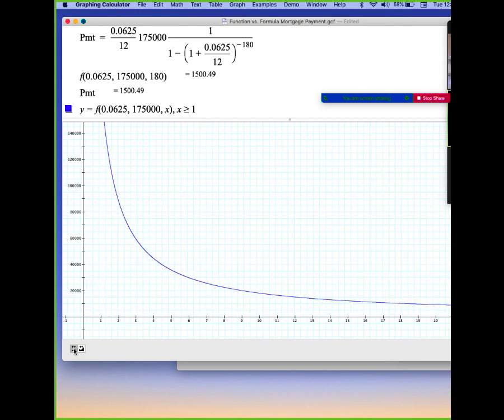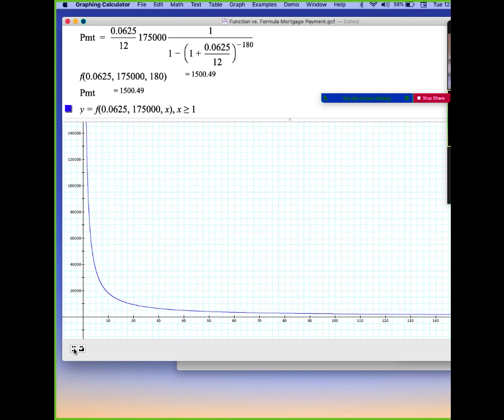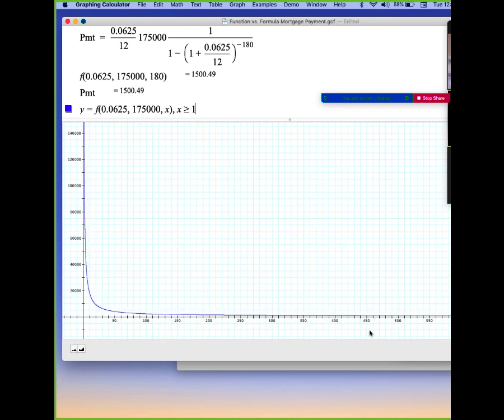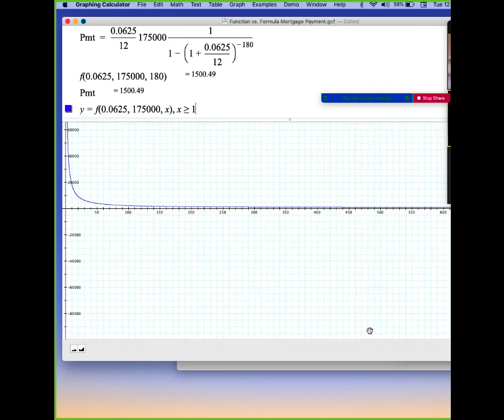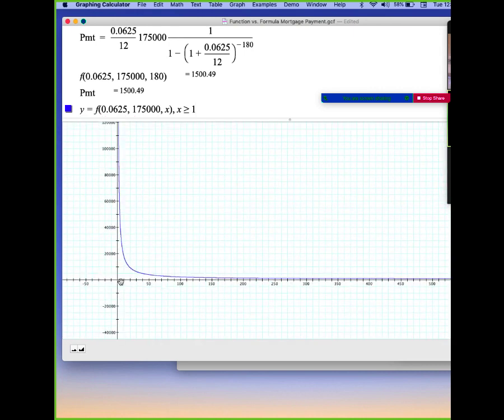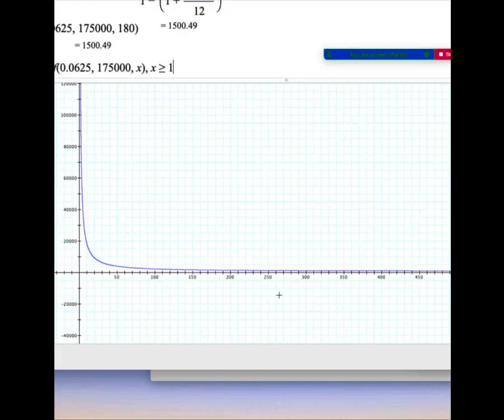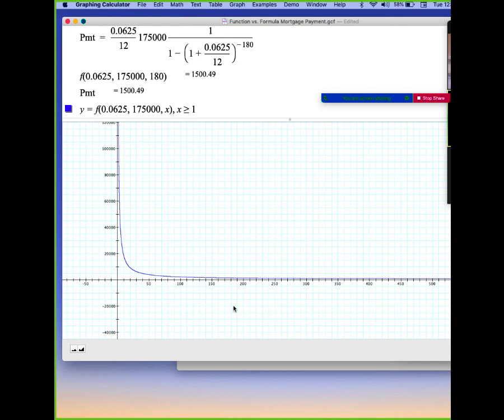So really what makes sense to look at here is not these low values. Where's 360? This is interesting. Oh, shoot. To show what's happening around 1, 2, 3, or 4 payments, we'd have to zoom in on the y-axis, but that's not really what's realistic, right? What's realistic is anywhere from 120 to 360 payments. So let's zoom in a little bit more on the x.